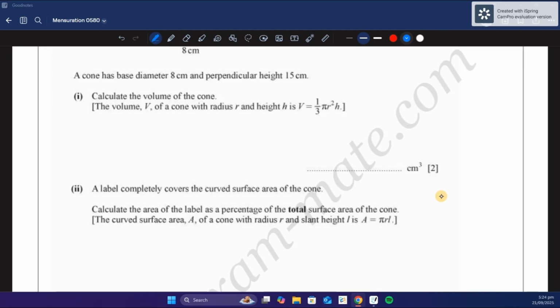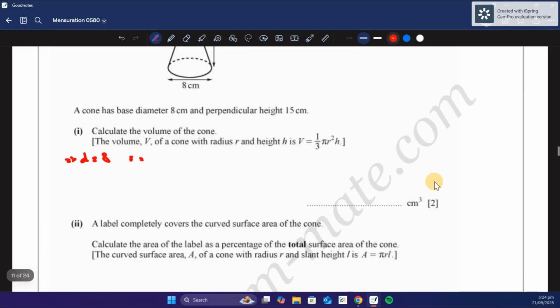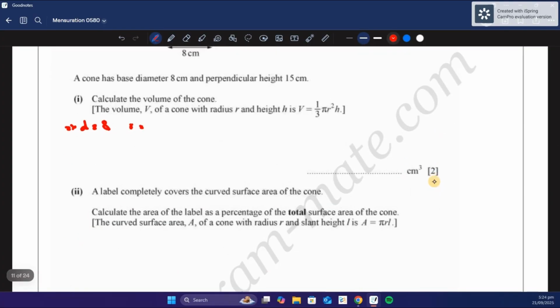So the diameter is 8 and the radius is 4 and the height is 15.